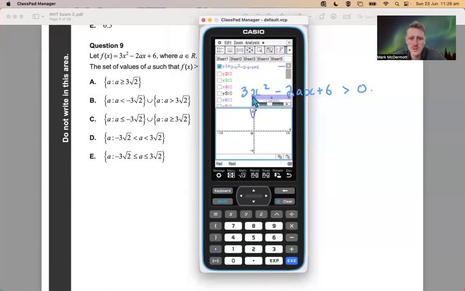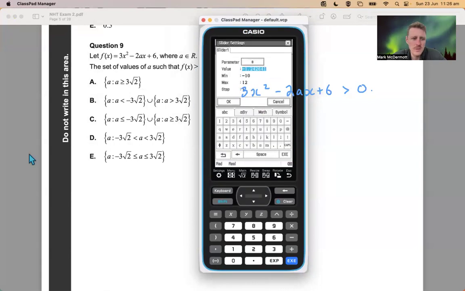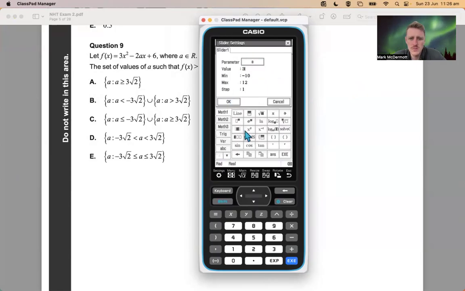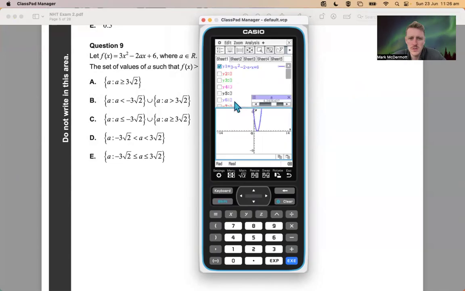So what you can do is go to settings, and go 3. Change this to 3 root 2. Yeah, you get that, so that's 3 root 2 there. That's one solution.